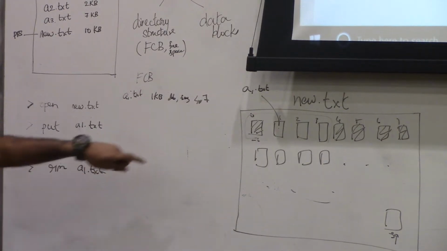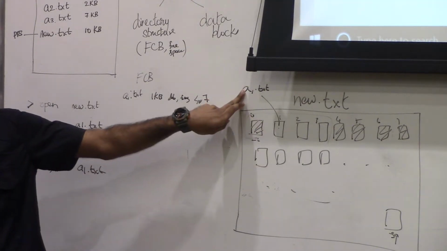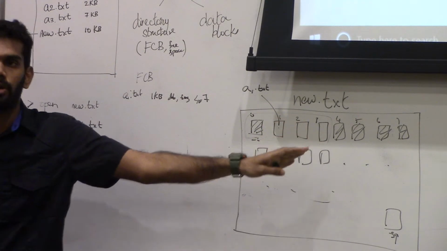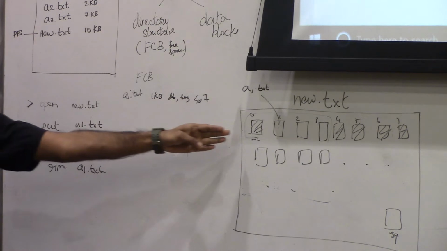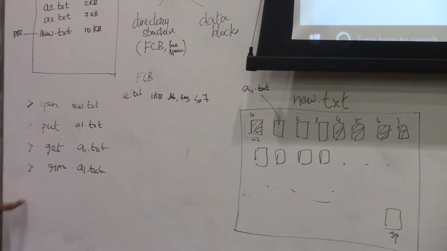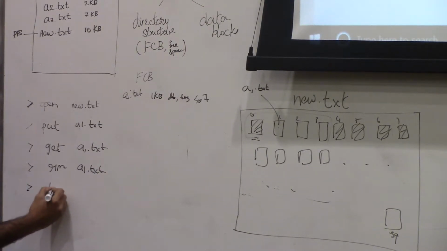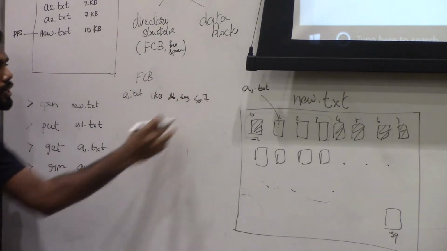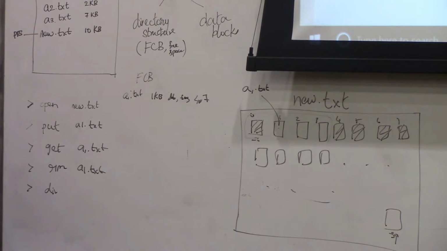If I'm giving this, then you should remove the a1.txt from it, and you should free the data block memory, and you should update your free space block. Similarly, if I'm giving directory, then you should display what are the files available and the creation date and time. So you should get the information from FCB and print it in your console.